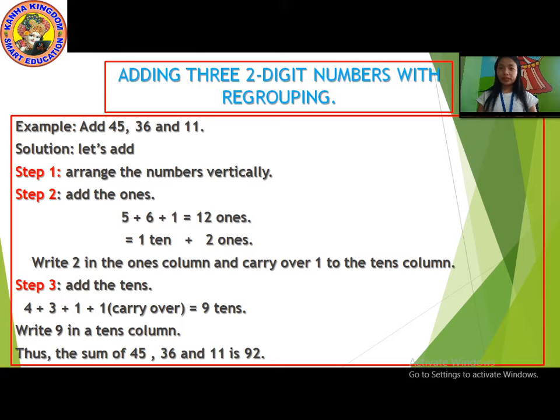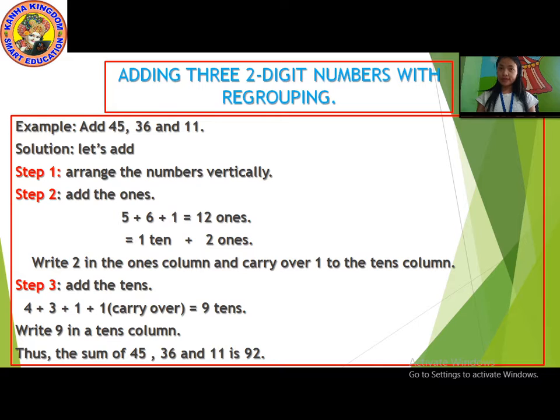So the step 3 is we add the tens. Now we are going to add the tens. Okay student, so in the number 45, 4 is the digit which is present in the tens column. In the number 36, 3 is the digit in the tens column. And in the number 11, 1 is the digit in the tens column.